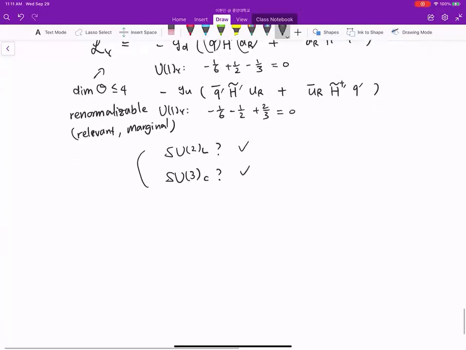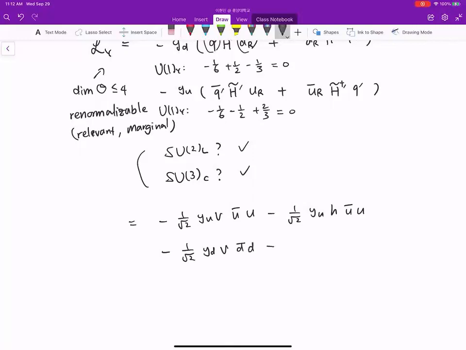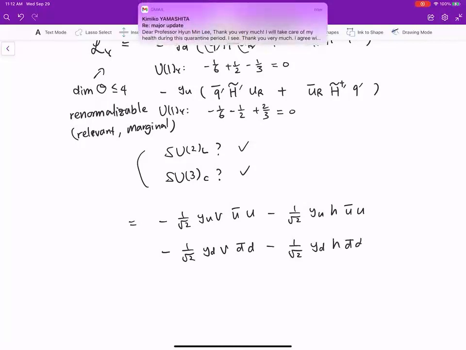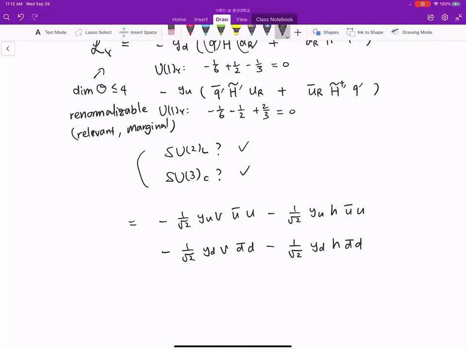Similarly, you will find the quark mass terms.